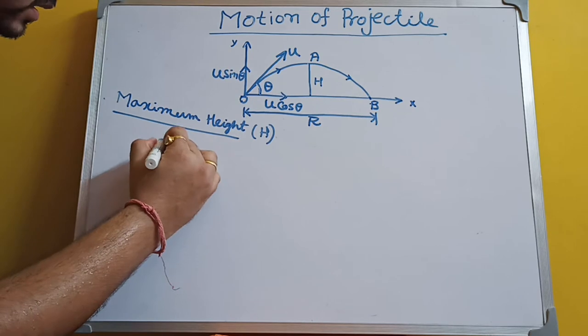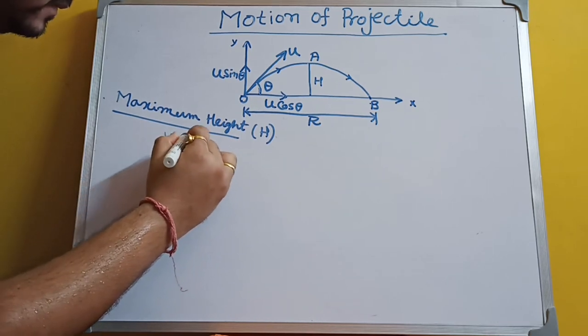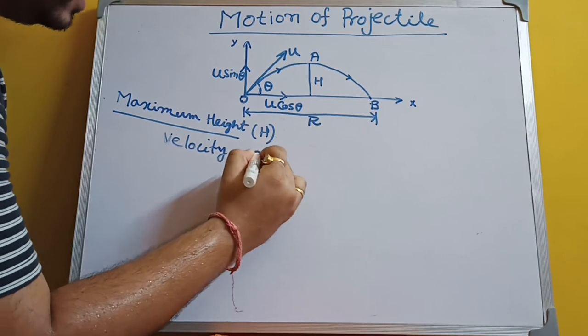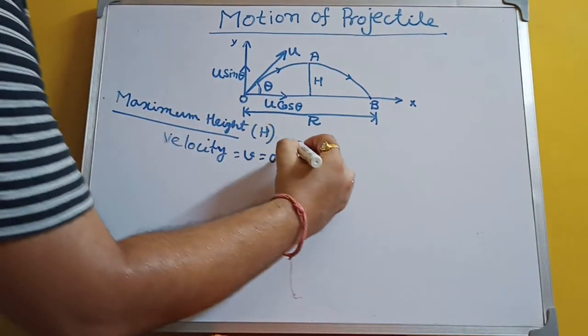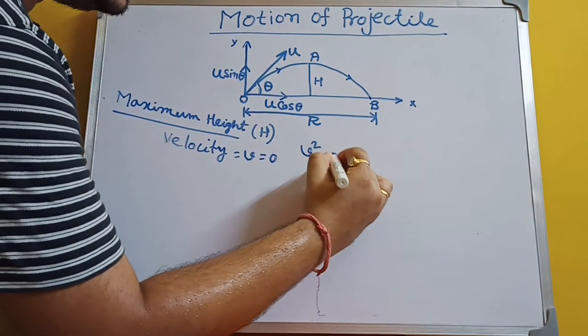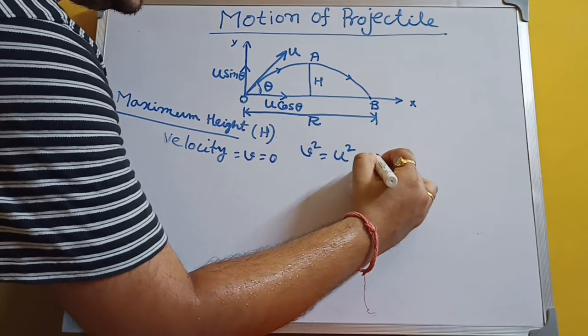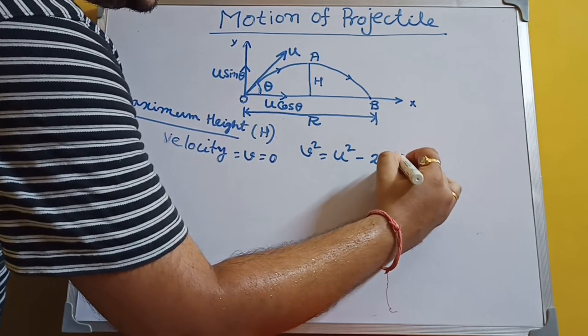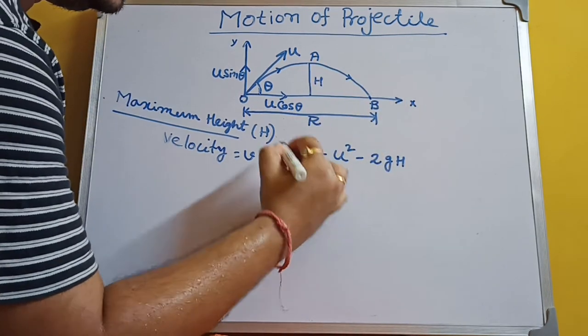So v equals 0, and the formula is v square equals u square minus 2gh. H is the maximum height, and v is equal to 0.